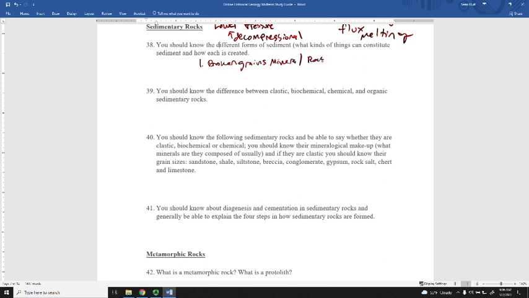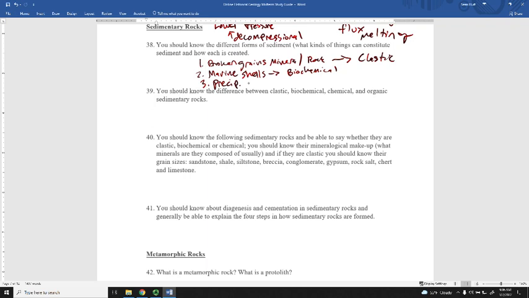Okay, and that corresponds to the clastic rocks. You can also have things that are made out of marine shells and tests, and that gives you the biochemical rocks. You can also have things that are precipitated.